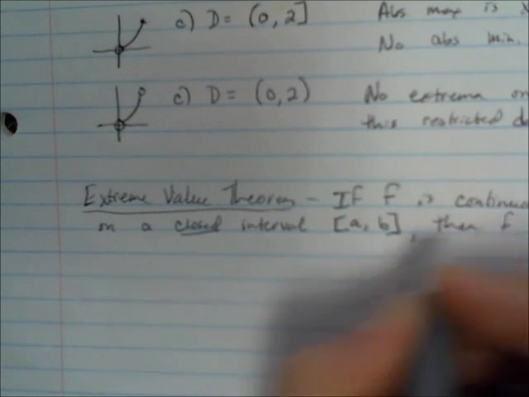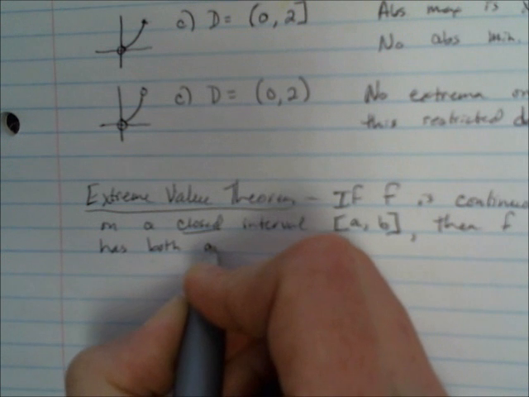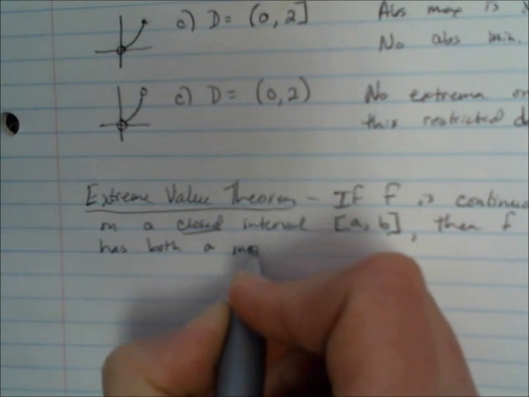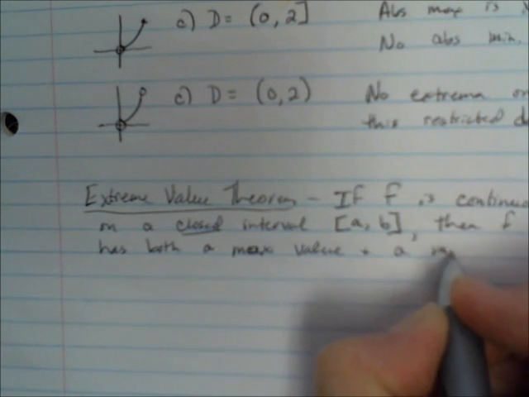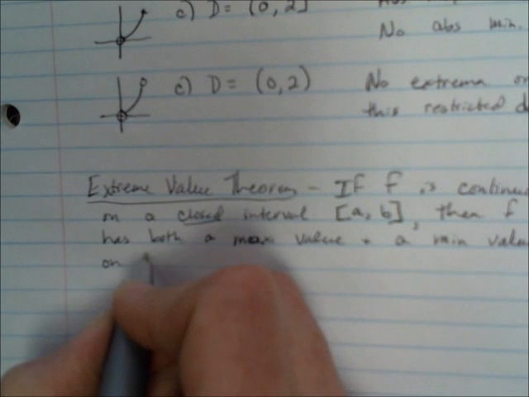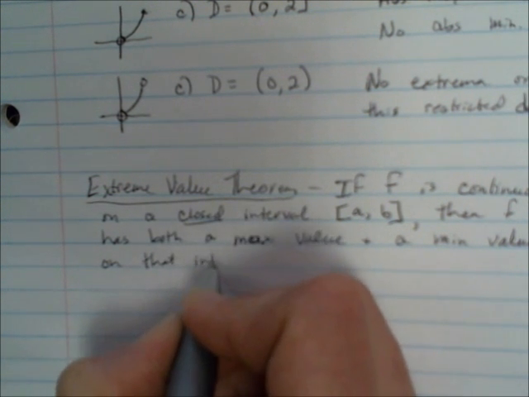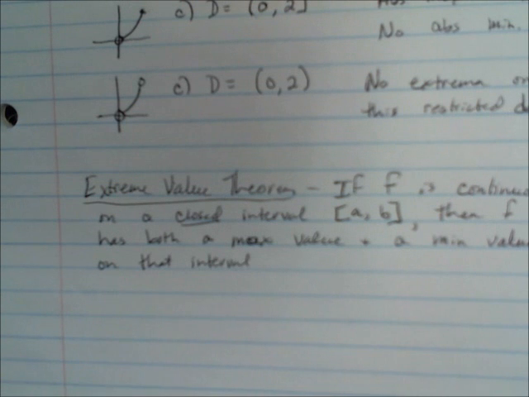Then f has both a maximum value and a minimum value on that interval. And those maxes and mins are absolute maxes, an absolute max and an absolute min.